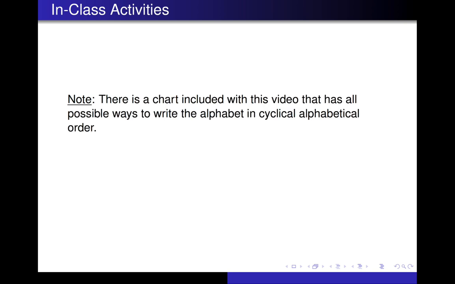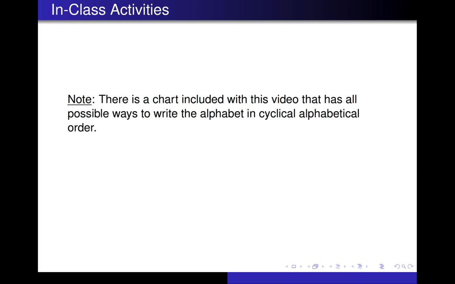Now, one note I want to make about this, you notice that for every single letter, I had to generate an entirely new key. That can be really, really tedious, especially since a lot of them get repeated anyway. I have included a chart with this video. If you look with the in-class activities, there's a little chart that has all the possible ways you can write the alphabet in cyclical alphabetical order, with the normal one A through Z on the top.